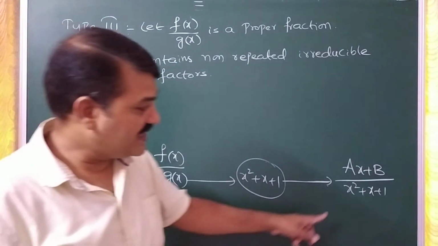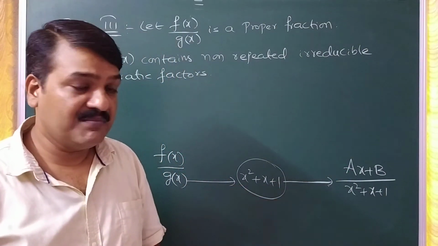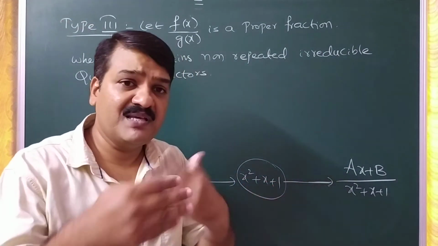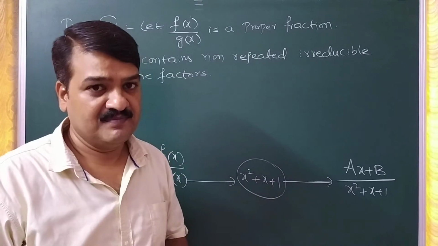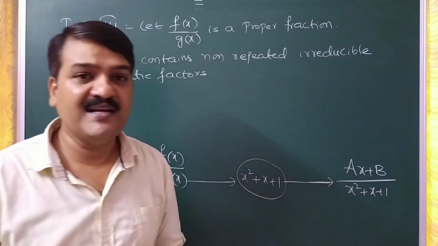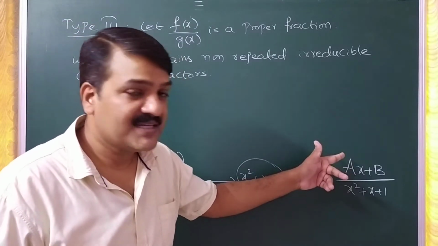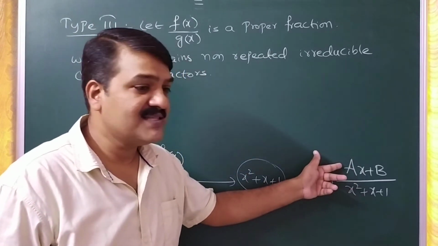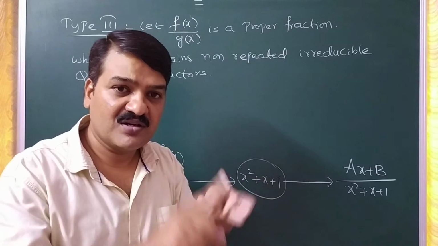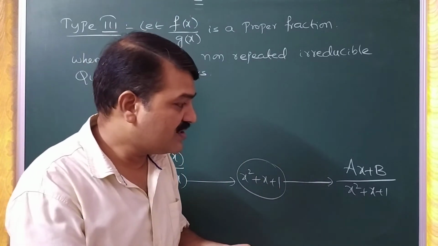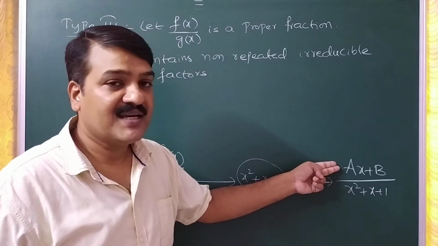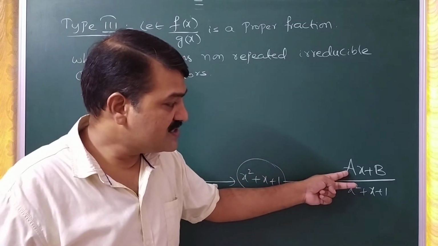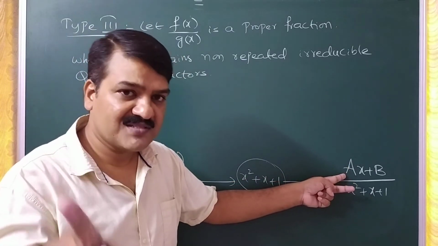So why do we write ax plus b in the numerator? Because a partial fraction is basically a proper fraction. So when the denominator is second degree, the numerator must be less than second degree. So the numerator must be either first degree or constant. So first degree or constant means basically I can write it like this. If a is non-zero, that will be first degree only.